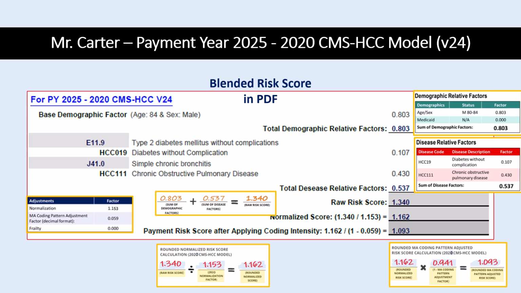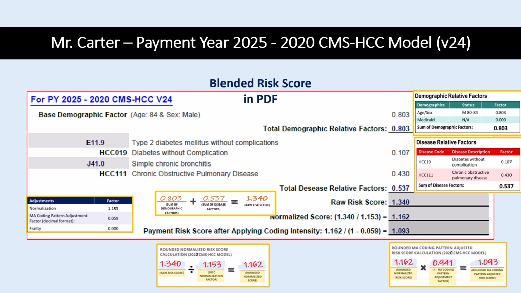The next step in the process is to multiply Mr. Carter's rounded normalized risk score by 1 minus the MA coding pattern adjustment factor. Since we are using the Part C CMS-HCC model to calculate Mr. Carter's risk score, we also need to apply the MA coding pattern adjustment factor.